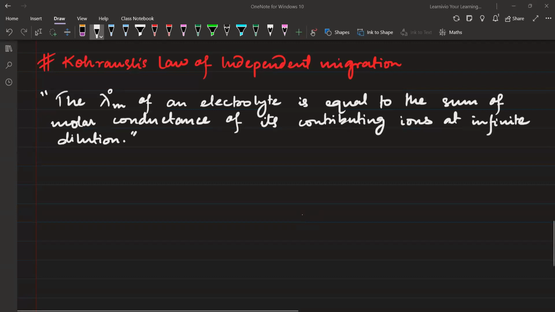The lambda naught m of an electrolyte is equal to the sum of molar conductance of its contributing ions at infinite dilation. क्या मतलब इसका?